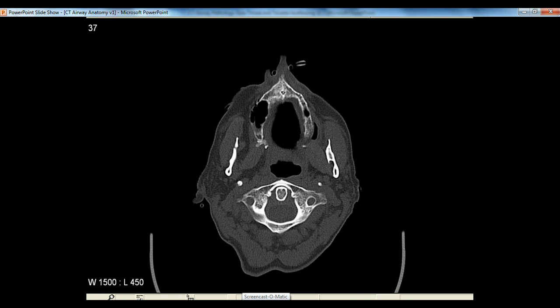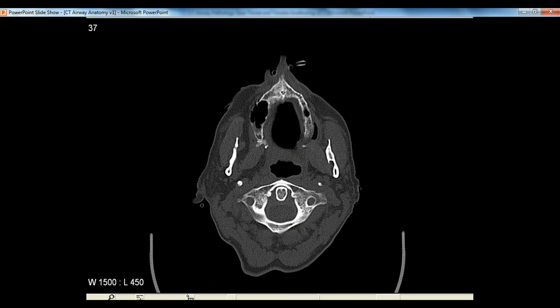But what's more important is right in front of the atlas, first ring of vertebral ring there, you can see how very little soft tissue space there is between that and the posterior nasopharynx. And that space can be filled with blood or with infection, and if that happens, you can actually end up compressing the airway.